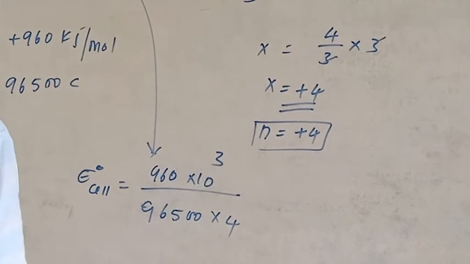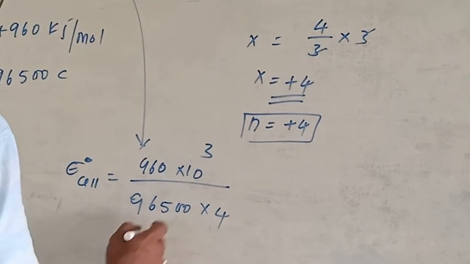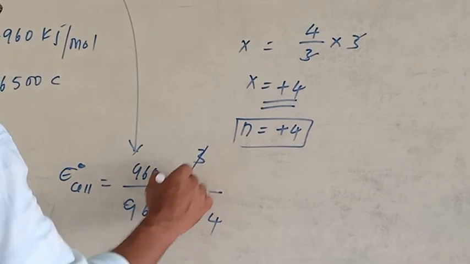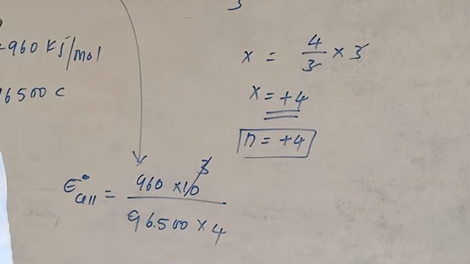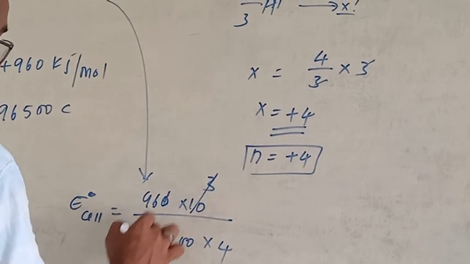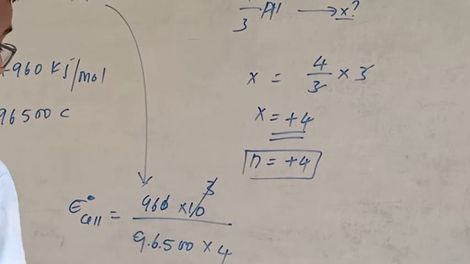So what happens here? Put the point here, then one more zero cancels, then what is left?